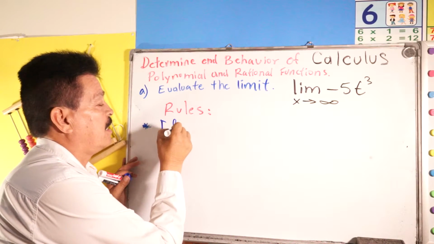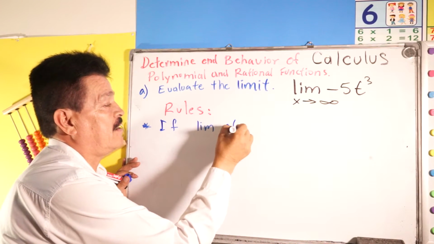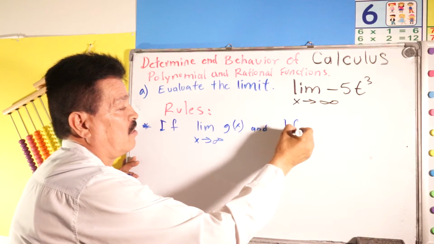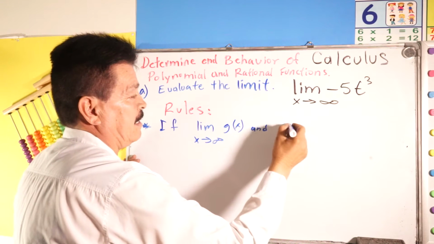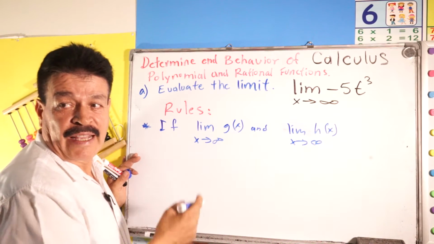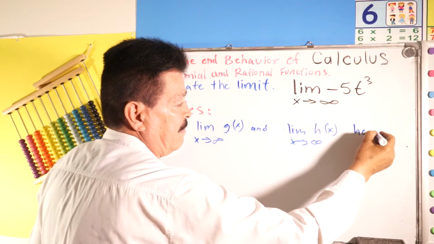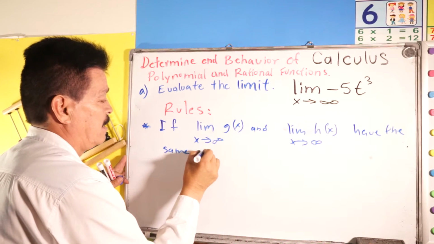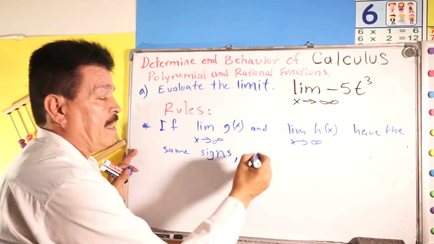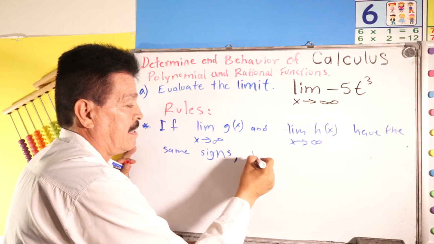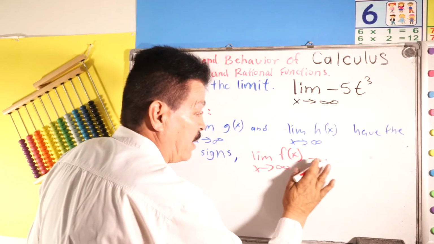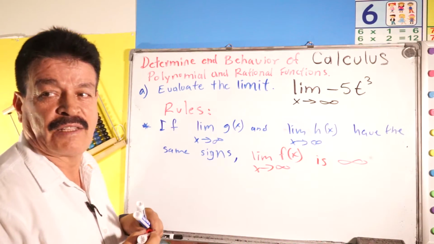If the limit of g of x when x approaches infinity and the limit of h of x when x approaches infinity have the same sign, then the limit of f of x when x approaches infinity is infinity. This is one rule.